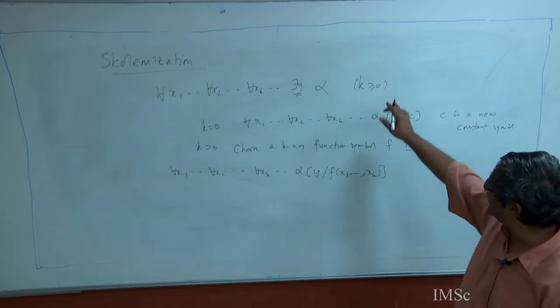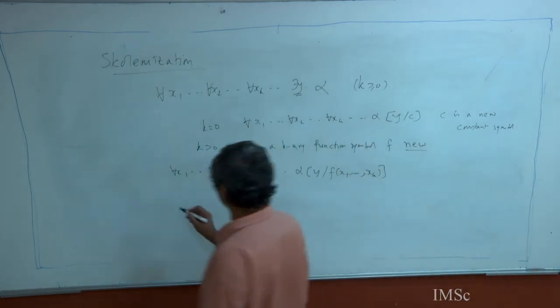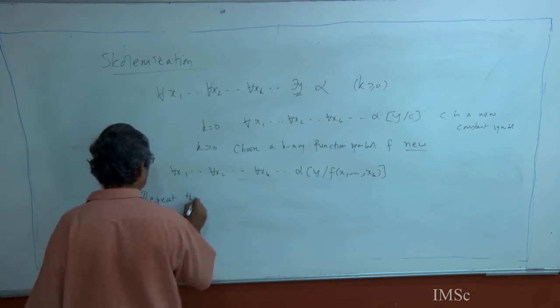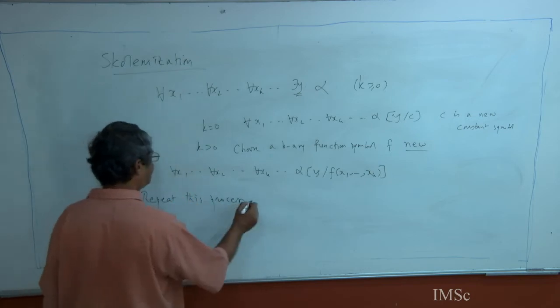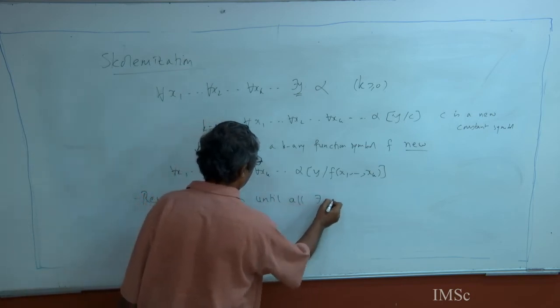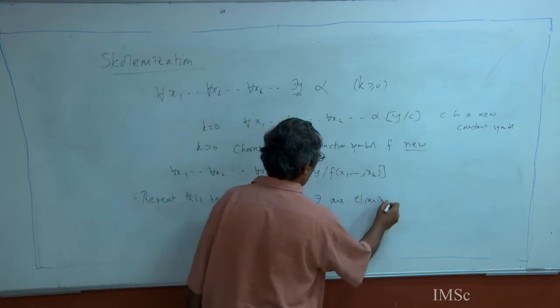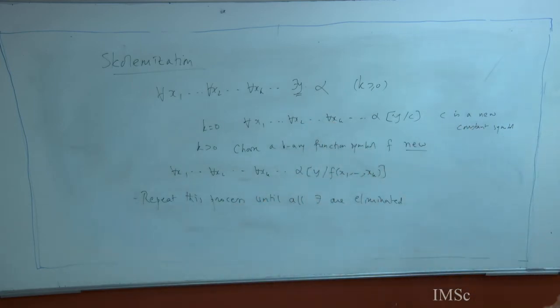So this way you get rid of one existential quantifier. Now repeat this process. Keep on doing that until you have no existential quantifiers.